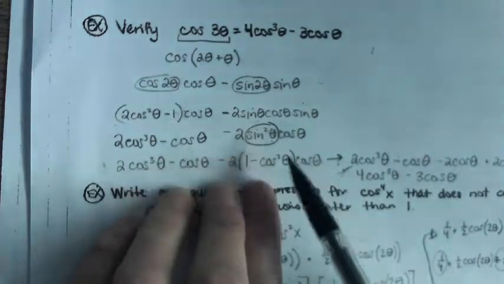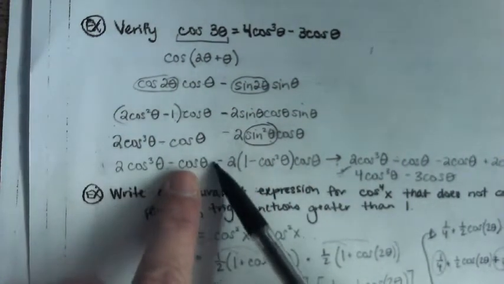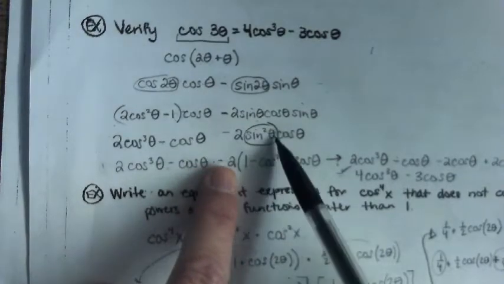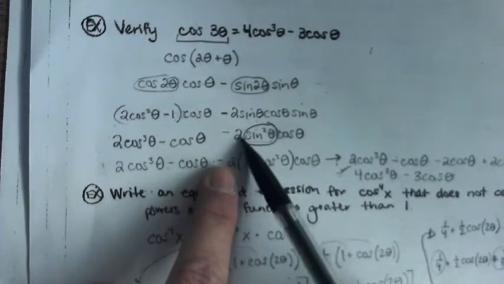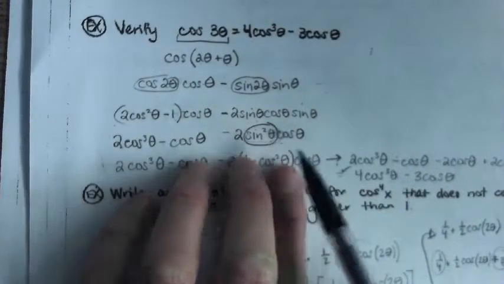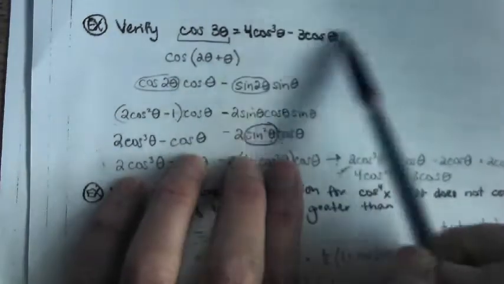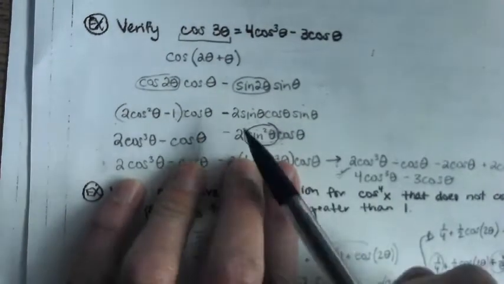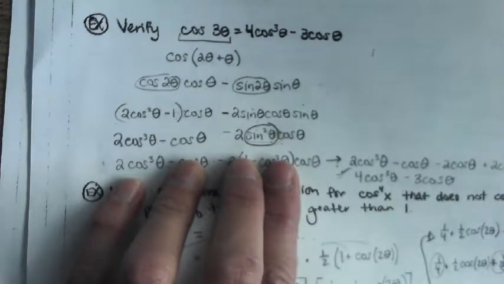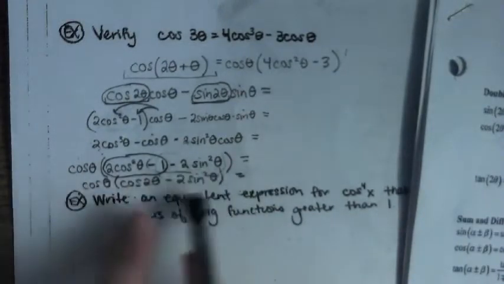Good? So then I did 2 cosine cubed theta minus cosine theta, and then I substituted this with a Pythagorean identity. My thought process was my entire right-hand side is all in terms of cosine. So let's get rid of that sine squared. Do you see? So on what we did today, I'm in trouble here.